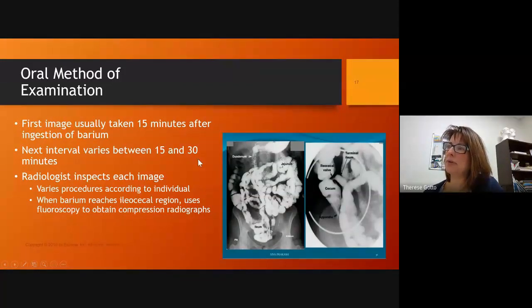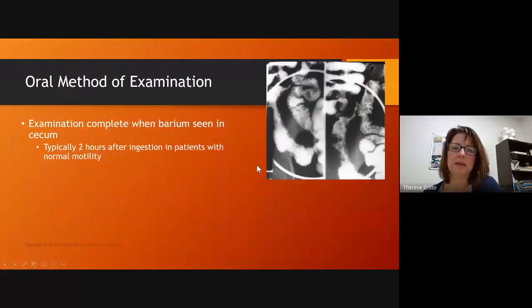After the 30-minute mark, the barium has left the stomach and the duodenum and is starting to enter the bowel, and then we can center normally.